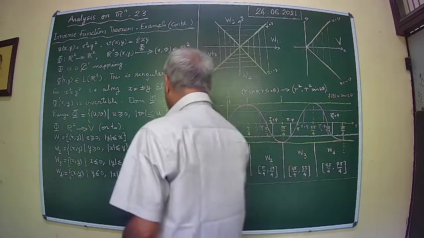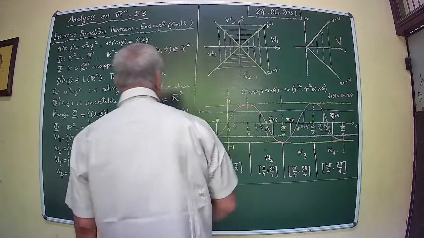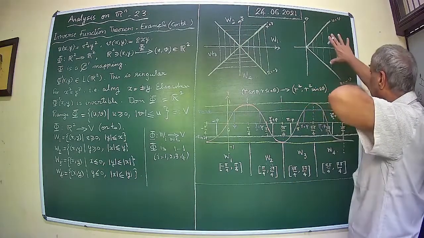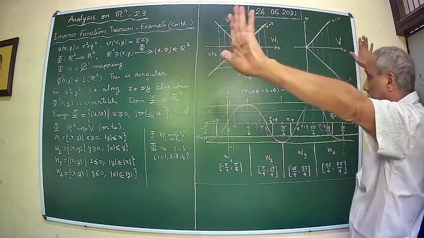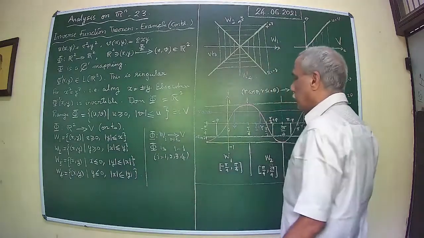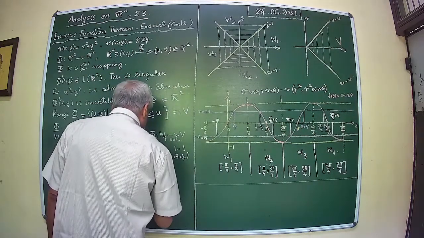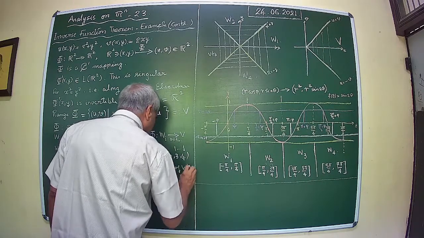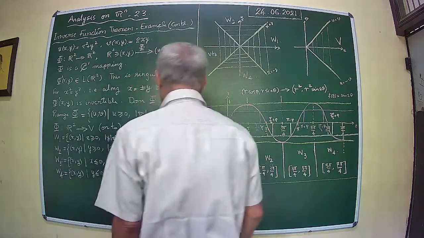So this is true for each i, which means each of these wedge-shaped regions get mapped to V and the mapping is 1 to 1 and onto. And you see that the interior of Wi is an open set.